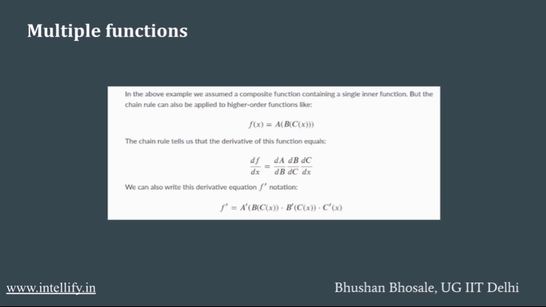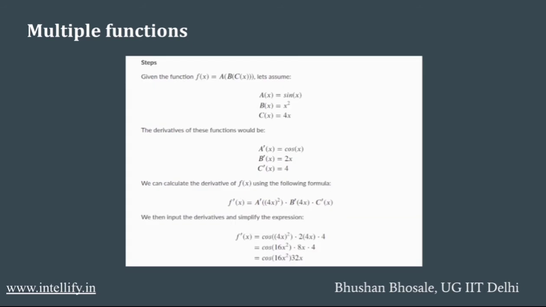This could be a very long chain, and it is applicable for every chain. We can also write the derivative functions in f prime notation, that is a prime of b of c of x into b prime of c of x into c prime x.